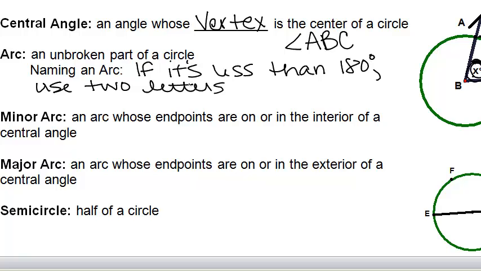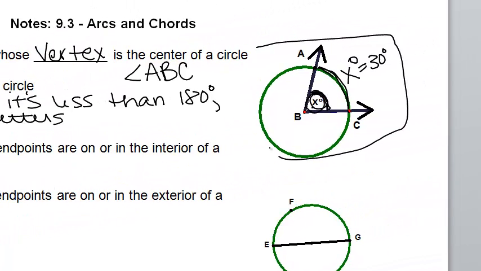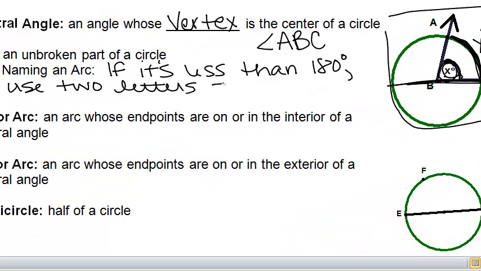For example, in this picture, if I were to name this arc, it's less than 180 degrees because half of a circle is 180. So that's definitely less than half of a circle, so I'm going to use two letters to name it. I would just say arc AC, the starting and the ending point, and I would put this little symbol on top for arc.